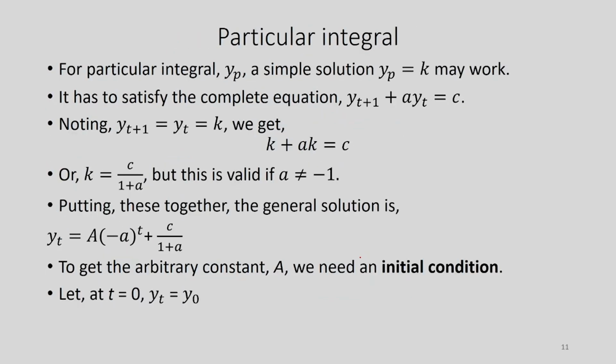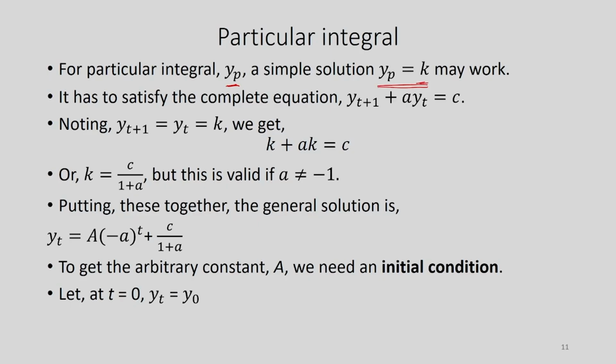Now, the particular integral is still left out. Let us suppose it is given by y p, and we try a simple solution, right. Remember, particular integral is any solution which solves the given difference equation. So, I take the simplest possible solution that can happen, that I take y p is equal to k, a constant. Okay.